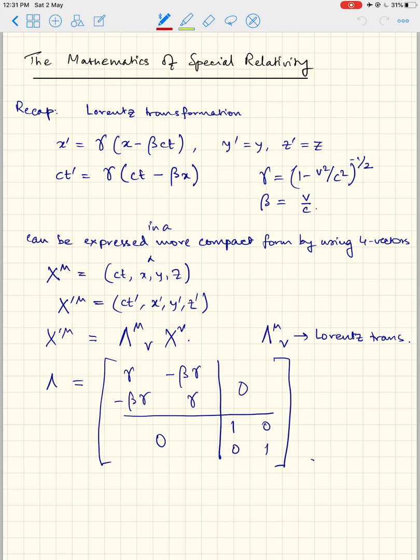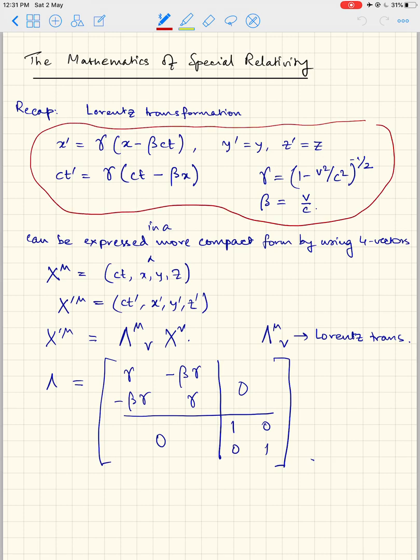These were transformations that took you between two frames, S and S prime, and if S prime was boosted with a velocity v, the way this worked was given by a transformation like the above here. This is something that you know very well.